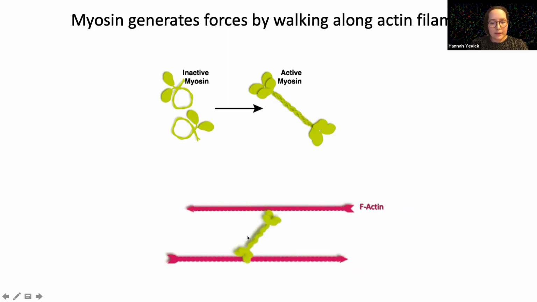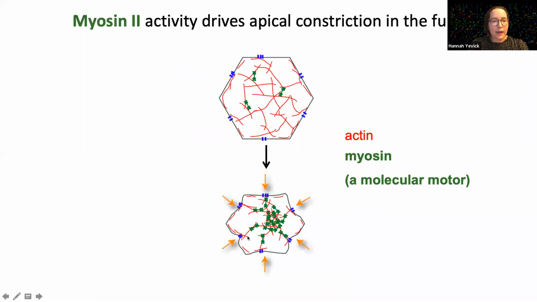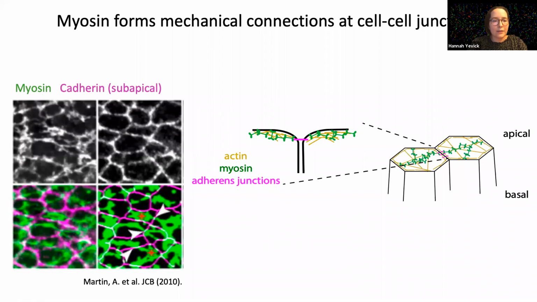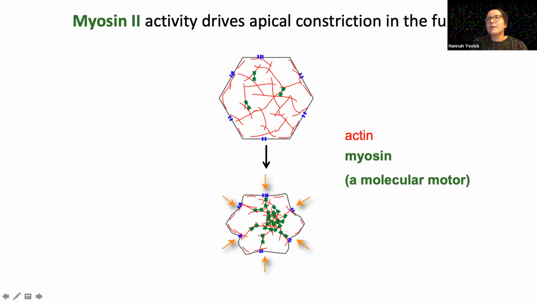So myosin accumulates in the apical surface of these cells. And then as you can see here, it basically pulls on this actin meshwork, reducing that top surface and creating the wedge overall conformation of the cell.